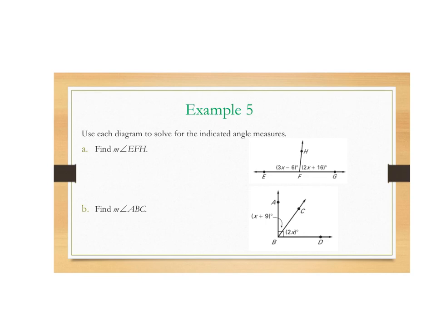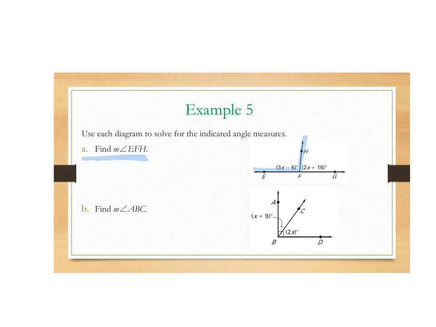All right, so this one is saying to use the diagram to find the indicated angle measures. So for the first one, it wants me to find the measure of EFH. So EFH is located right here. Notice that these two angles are a linear pair. And I know that a linear pair are a pair of supplements.